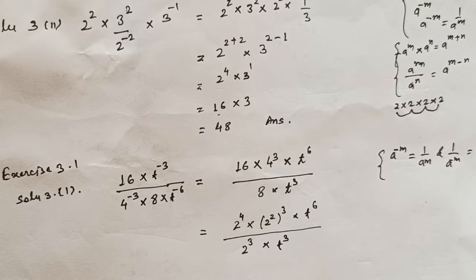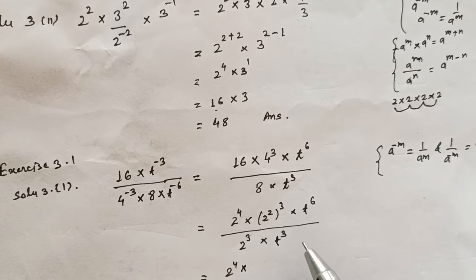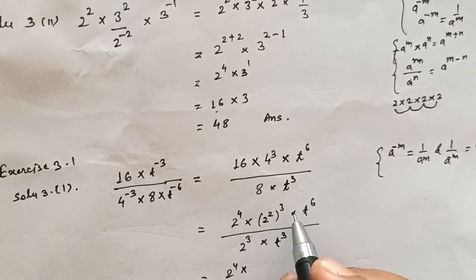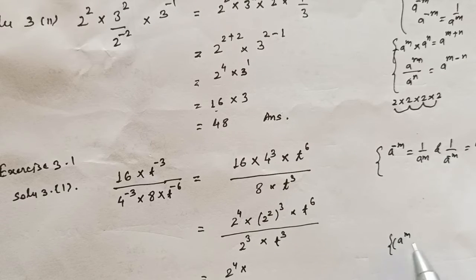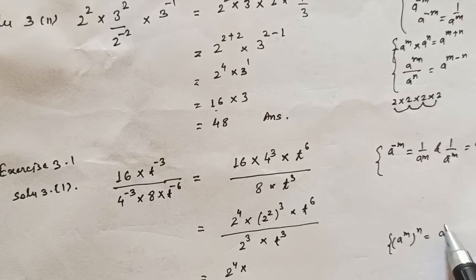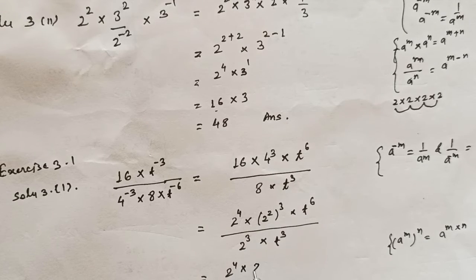T power 3. 2 power 4 multiply, power to the power, power to the power multiply. 2 multiplied by 3 is 6.